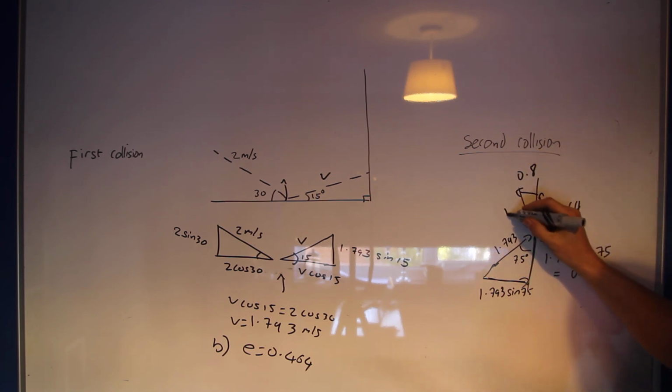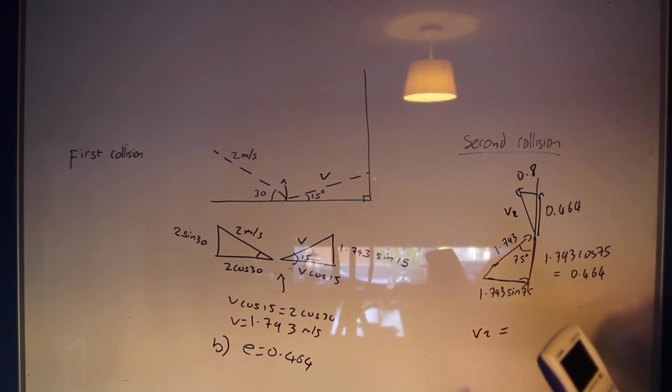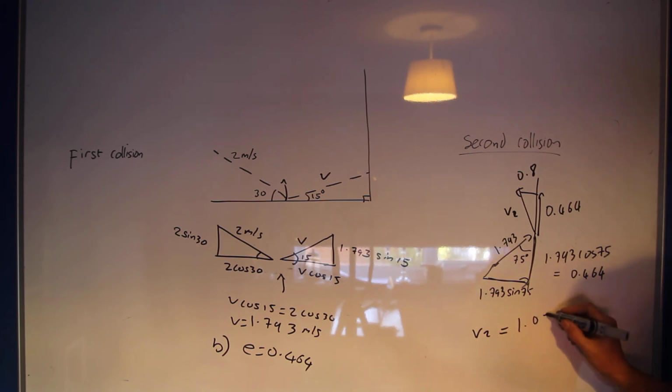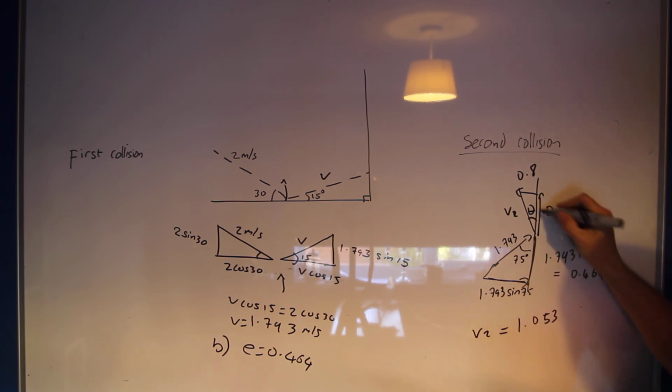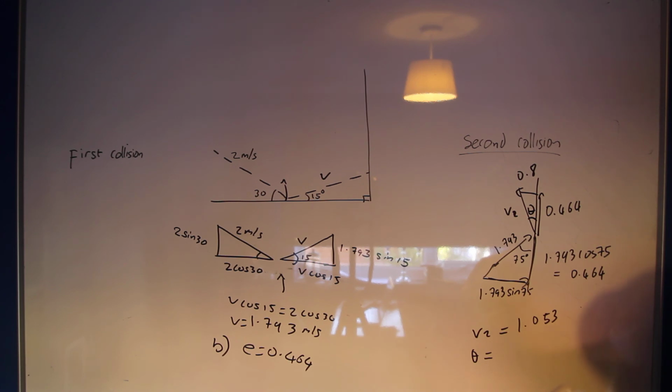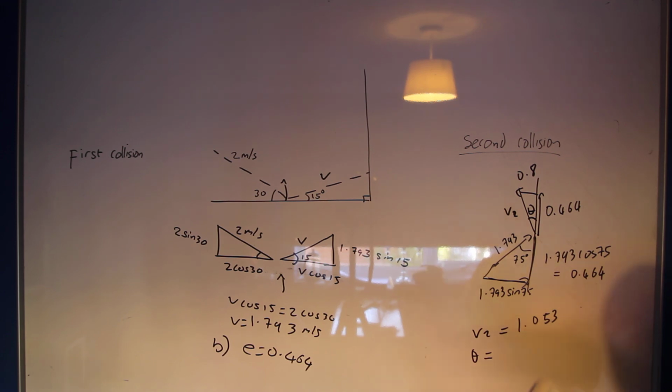So first of all, let's call this V2 for the velocity after the second collision. That would be, square that plus 0.464 squared, square root the answer, is 1.053, and the angle, call that theta, is the inverse tan of 0.8 divided by 0.464, which is 59 degrees.